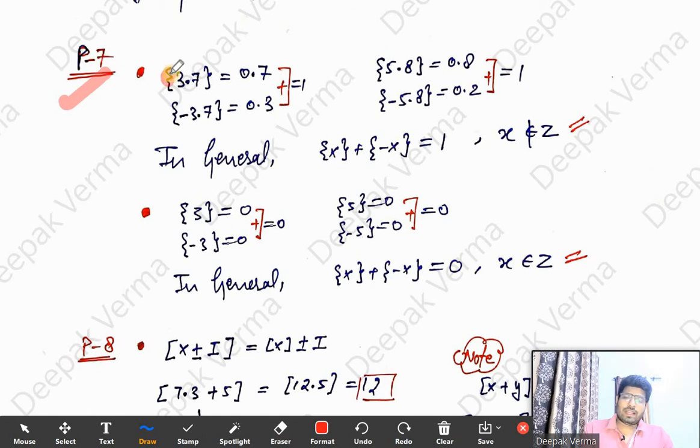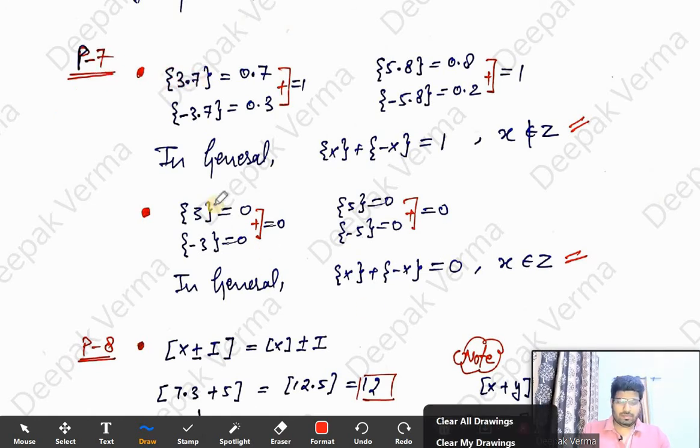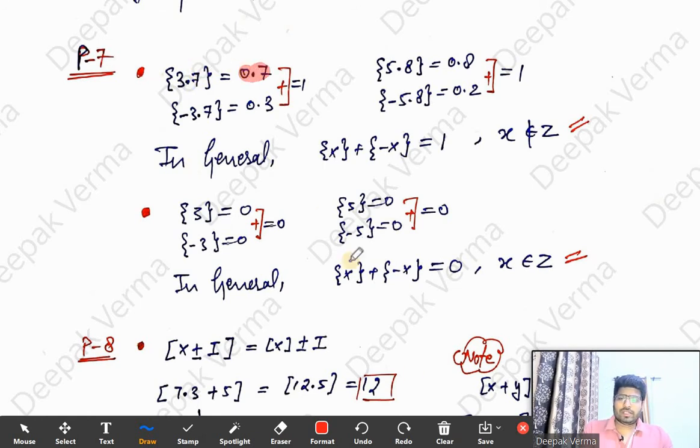If we have the fractional part of 3.7, it is clearly visible. Here the fractional part is 0.7. Fractional part of minus 3.7: in the case of minus, what will we do? Subtract 0.7 from 1. So 1 minus 0.7, we get 0.3 here.